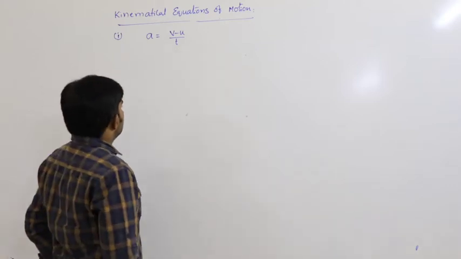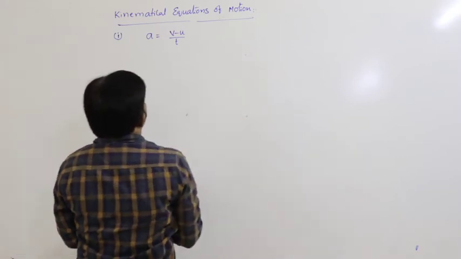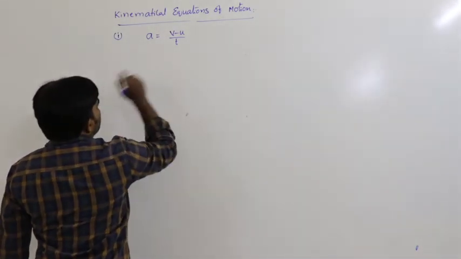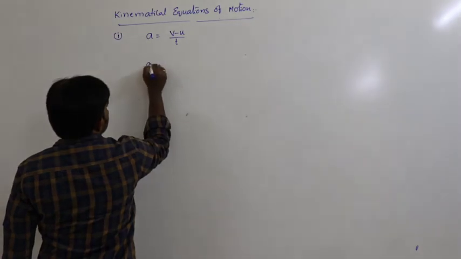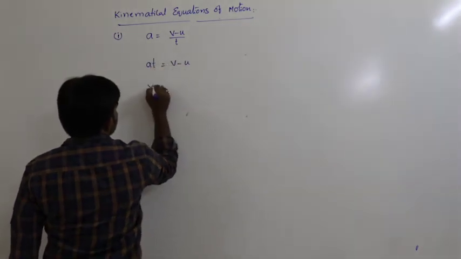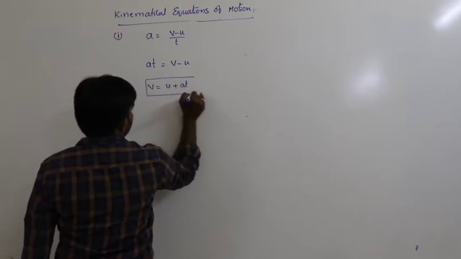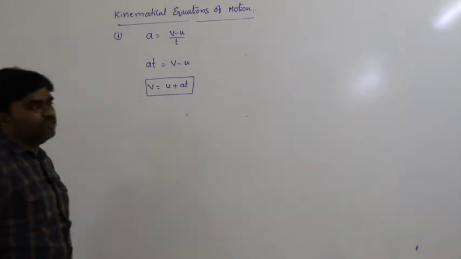That means, by cross multiplication, AT can be written as V minus U. So from this, V is equal to U plus AT. This is the first equation.